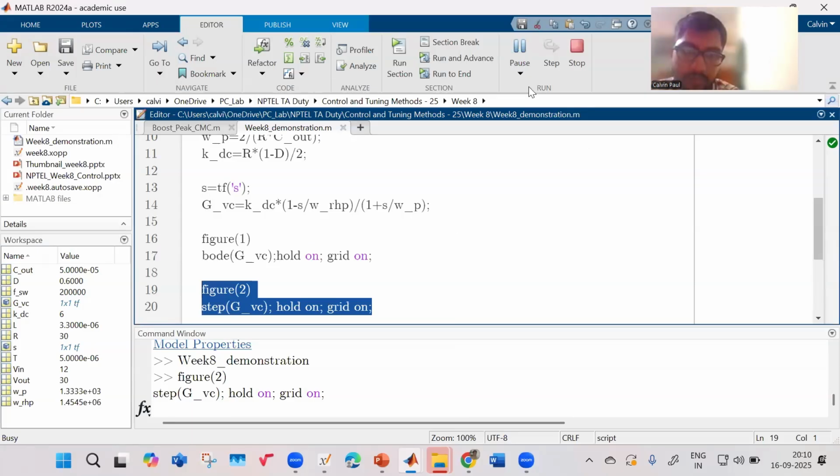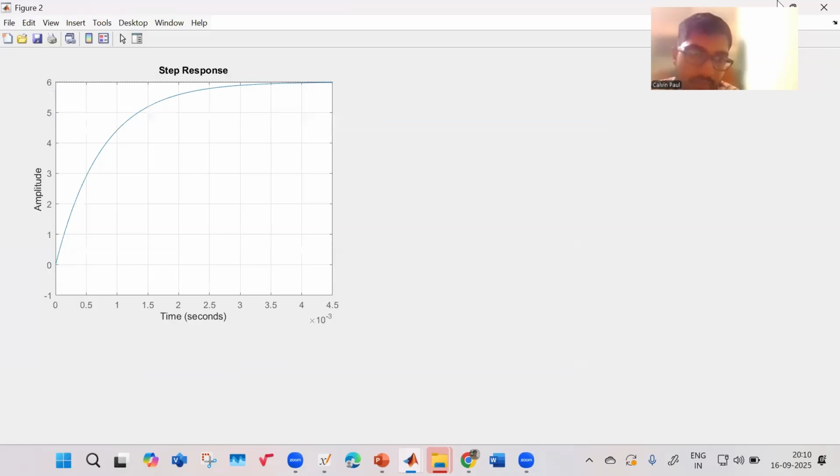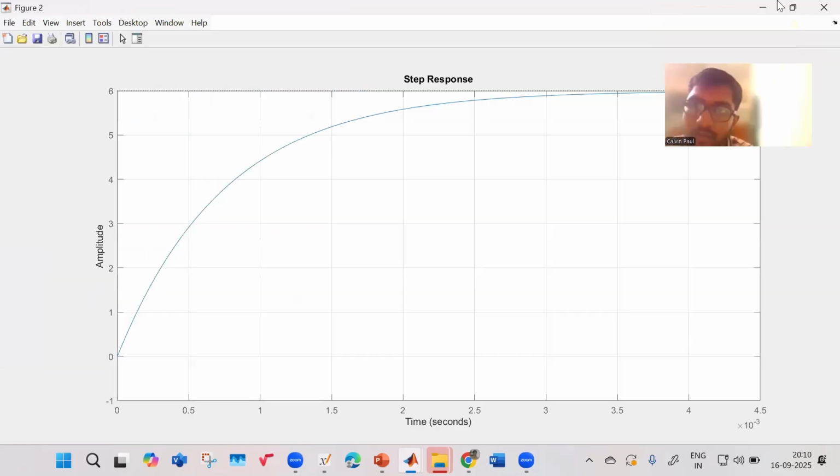So this is the step response. If you will notice, it finally settles at its DC gain. DC gain would be around 6.